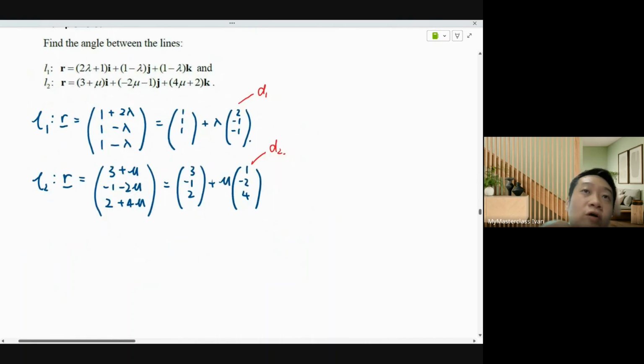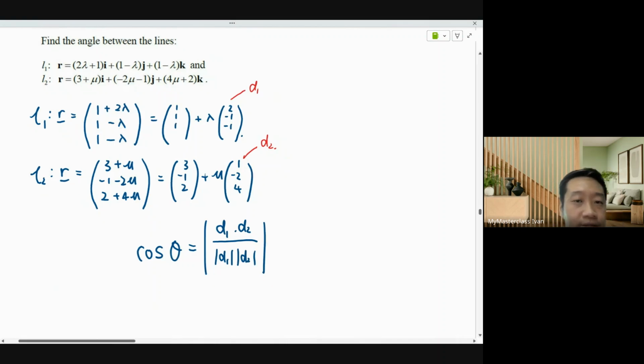These two are still talking about lines. So cosine theta equals D1 dot D2 over magnitude of D1, magnitude of D2, with a modulus on the outside.